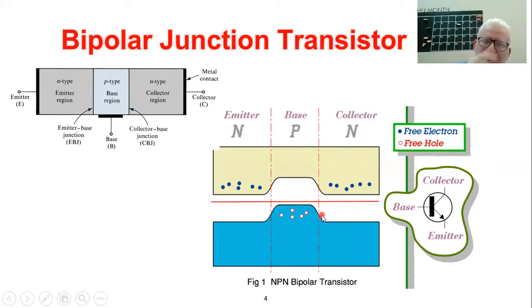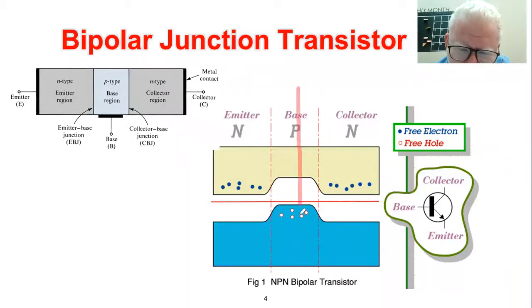Or actually, in order to make life easy, you can easily consider this as two p-n junctions. If I make this separator, as you can see, you can easily consider this NPN junction as two connected p-n junctions. On the left-hand side, we have an NP junction, and on the right-hand side, we have a PN junction.